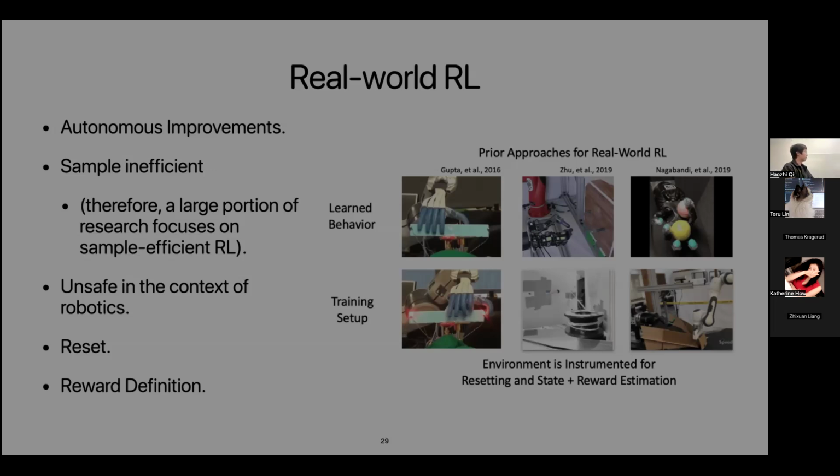And here are some other examples. There is also real-world RL to rotate this valve. To rotate this valve, we also need a detector for the position and orientation of the valve. What they did was to place some sensors on some other instrumental equipment to get the orientation of the valve.